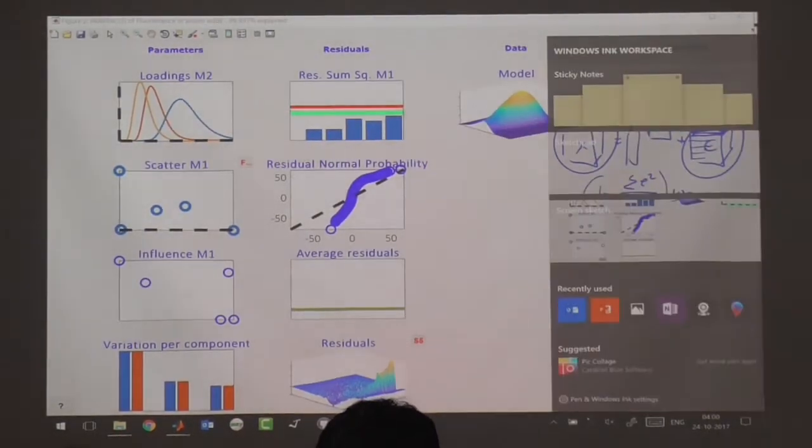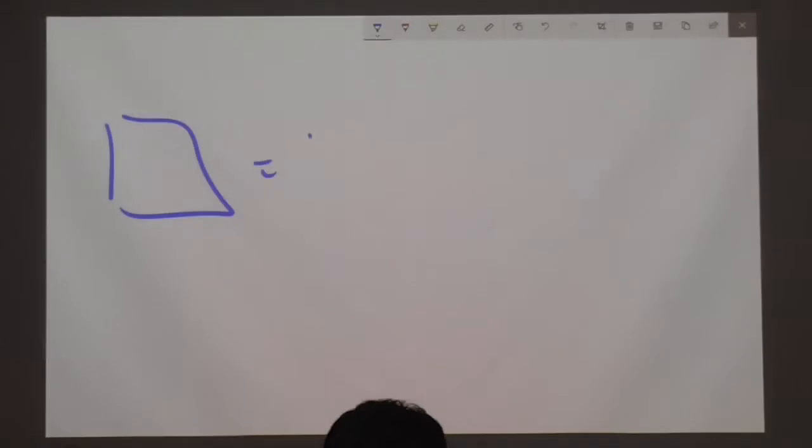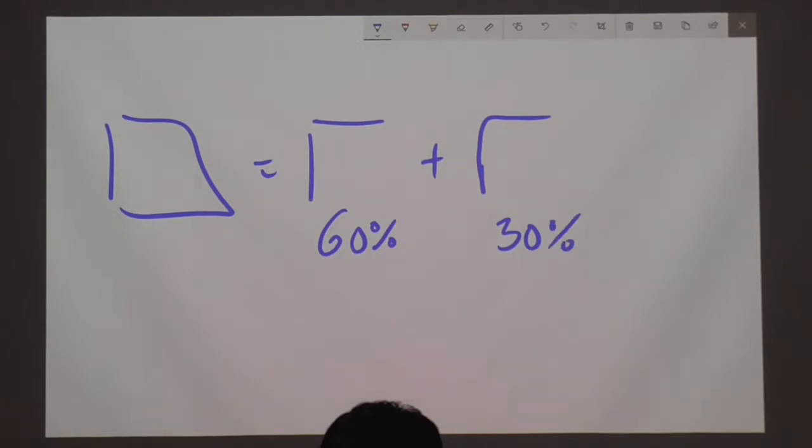There's one more thing I need to explain about the strangeness of Parafac. Imagine that we're doing PCA, and this component explains 60% of the variance, and this one explains 30%. How much variance do these two components describe together if it's PCA?